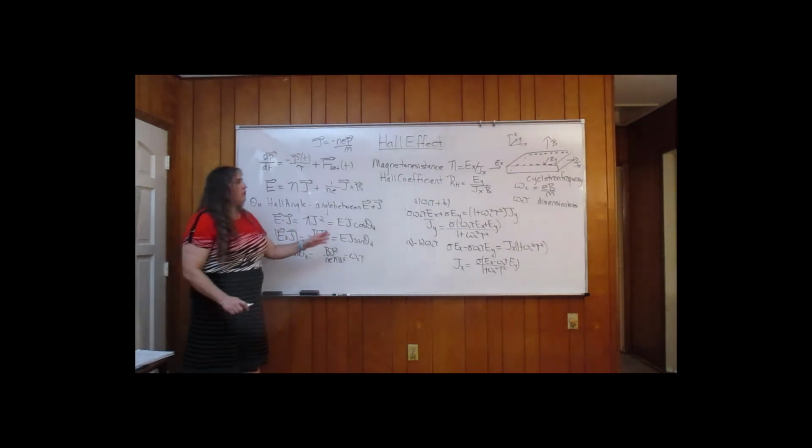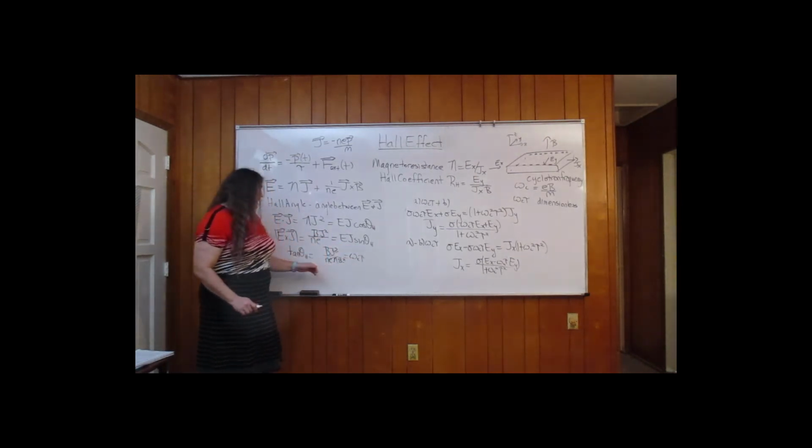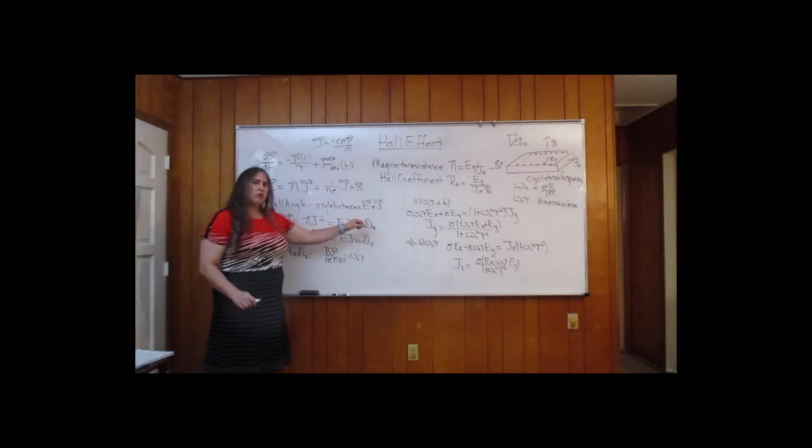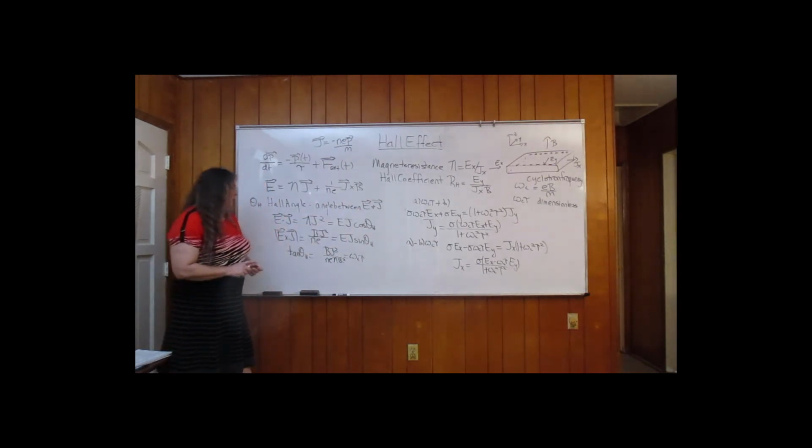So if the magnetic field is very, very weak, the angle between the electric field and the current density is likewise going to be small as well. Okay?